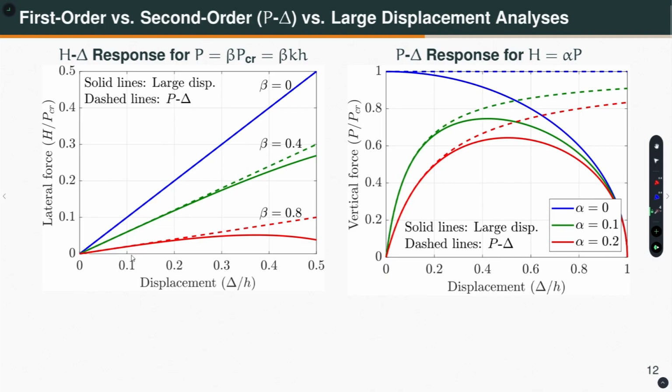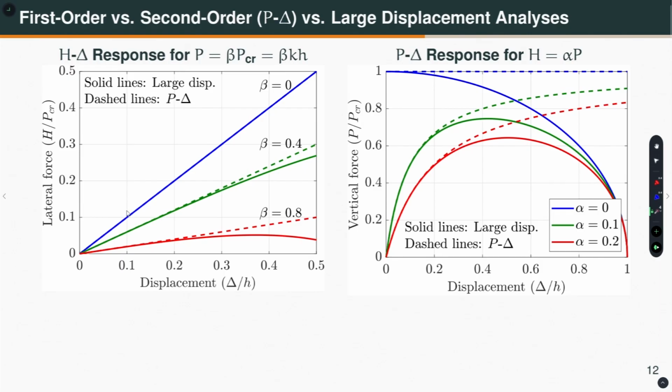So, 0.1 story drift means 10%, which is a large story drift. See, up to 10% or even slightly larger, what do we see? We do not see any difference between the dashed line and the solid line, meaning that the large displacement and the simplified P delta analysis both give me the same result up to 0.1, okay, or even more. And 0.1 means 10% story drift, which is a really large drift.